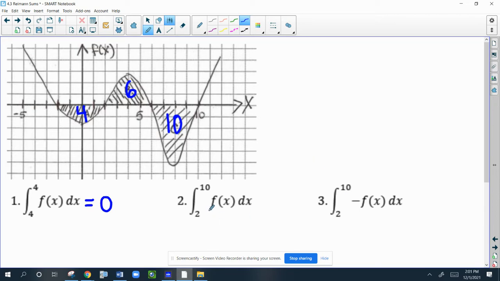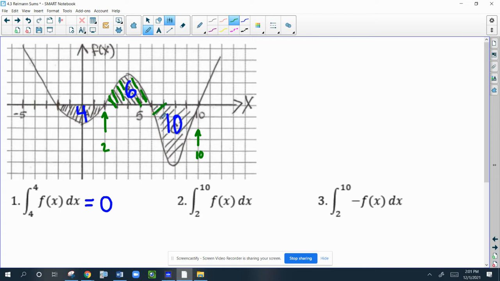The second integral from 2 to 10. So here is 2, and here is 10. When you integrate from left to right, the integral will calculate the areas. If it's above the x-axis, it will calculate as a positive integral. So from 2 to 6, you have 6.